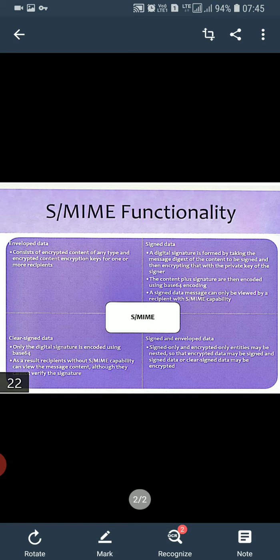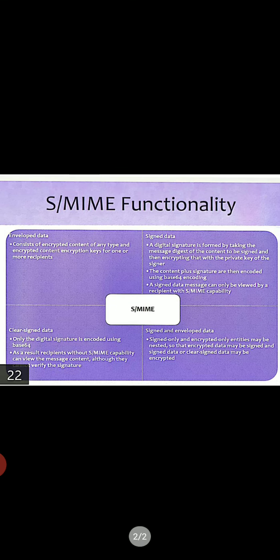And for each recipient, prepare a block known as recipient info that contains the sender's public key certificate, an identifier for the algorithm used to encrypt the session key, and the encrypted session key. Then encrypt the message content with the session key.